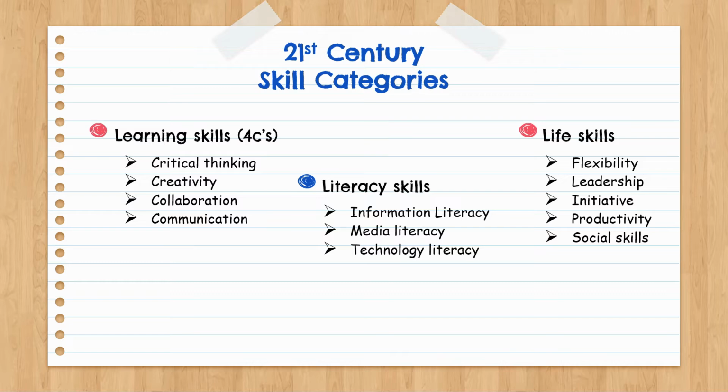Initiative means starting project, strategy and plans on one's own. Productivity, maintaining efficiency in an age of distraction. And social skill is meeting and networking with others for mutual benefit.